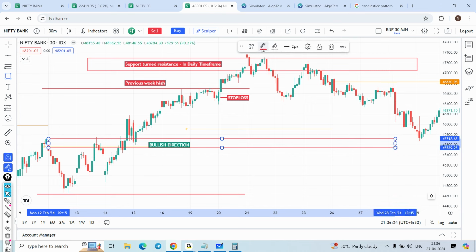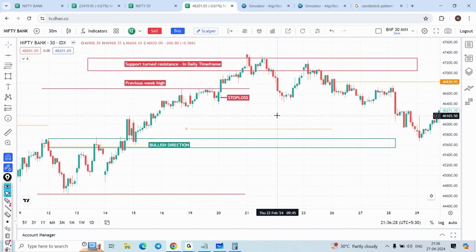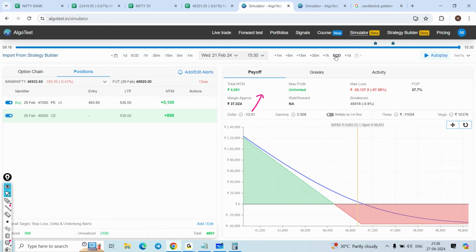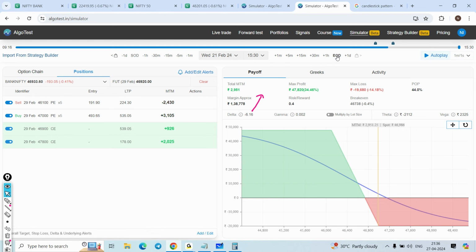This area, support area. Price came to that, forget about it, complete week got completed. Okay, so till that time we have to wait, no other way. Taken the position here, we'll move it one day forward, end of the day. Here I'll move it end of the day.